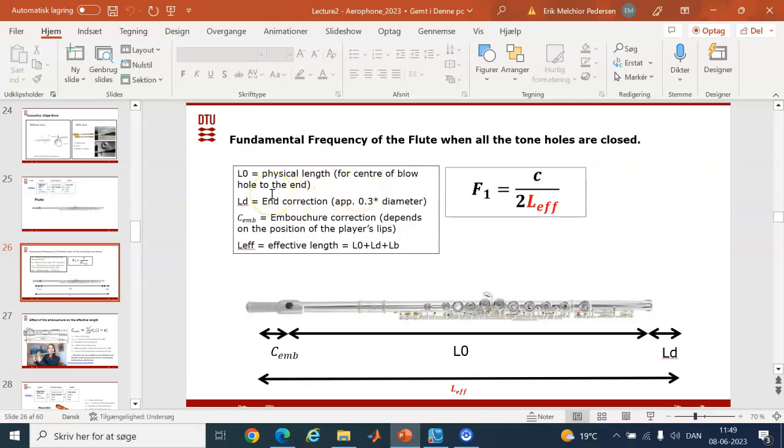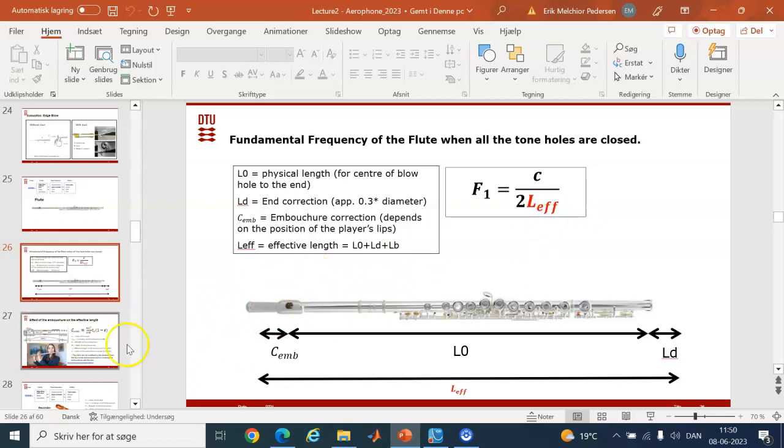LD is the end correction, 0.3 times the diameter of the flute. And C_emb is the embouchure correction, which depends on the position of the player's lips.